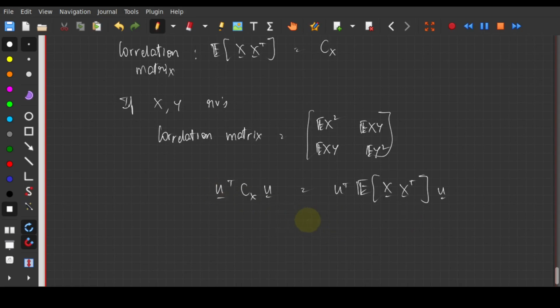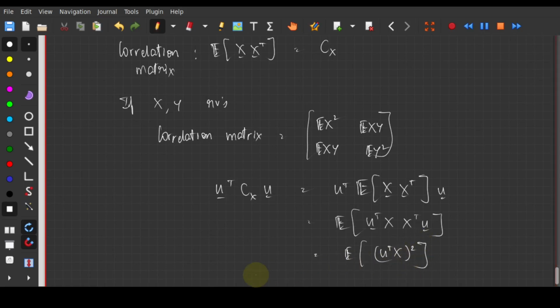So just by linearity of expectation, this is the same as expectation of u transpose x, x transpose u, which is just the expectation of u transpose x, the whole square.